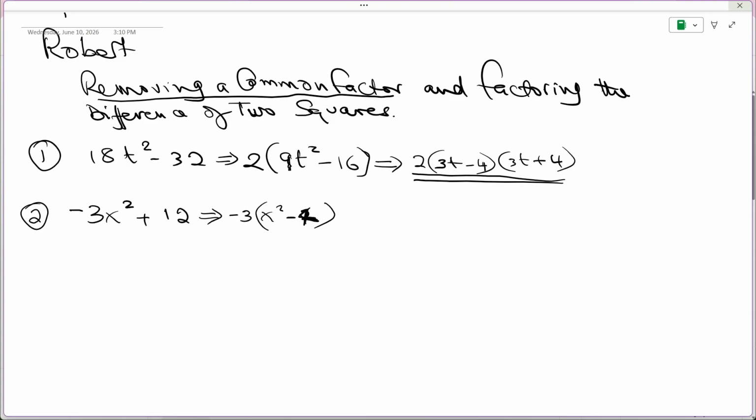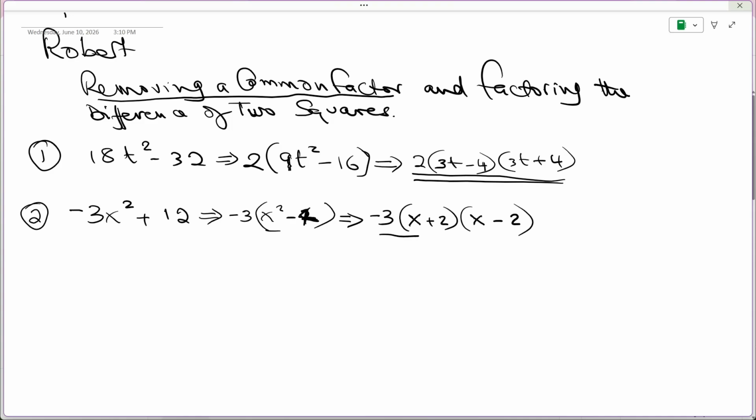But now we have a difference of squares, so we can then factor this expression to include two factors. Here we'll have x, then here we'll have x, here we'll have plus 2, and we'll have here minus 2.